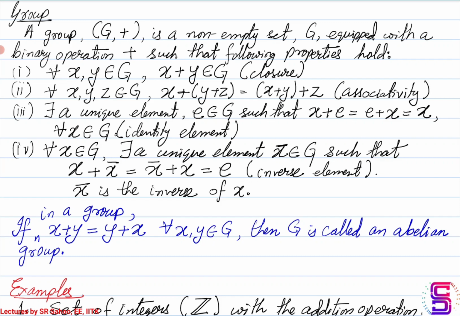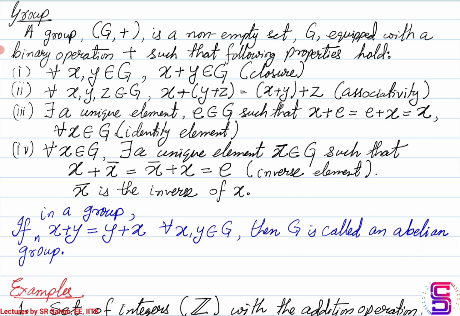Since this binary operator is associated with this non-empty set G, the elements required for the binary operation would also come from the set G. So a non-empty set G associated with a binary operation, the plus sign here, is said to be a group if certain properties hold.